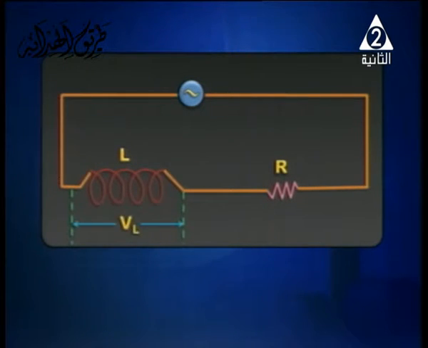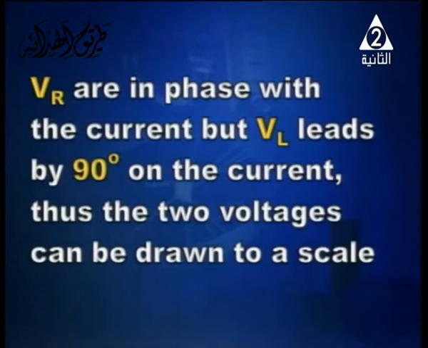Voltage across the inductor is denoted by VL, and that across the resistor is denoted by VR. VR is in phase with the current, but VL leads by 90 degrees on the current.